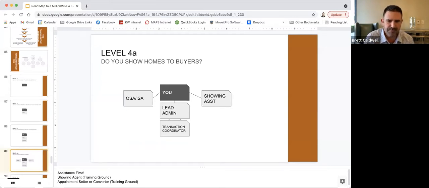Level 4, there's a level 4A and there's a level 4B. And level 4A really speaks to this assistance first concept, saying, instead of taking on a buyer's agent, what if I were to take on an assistant showing person, or somebody that I paid to show property for me, somebody that was just a showing agent, but didn't necessarily write the contracts.